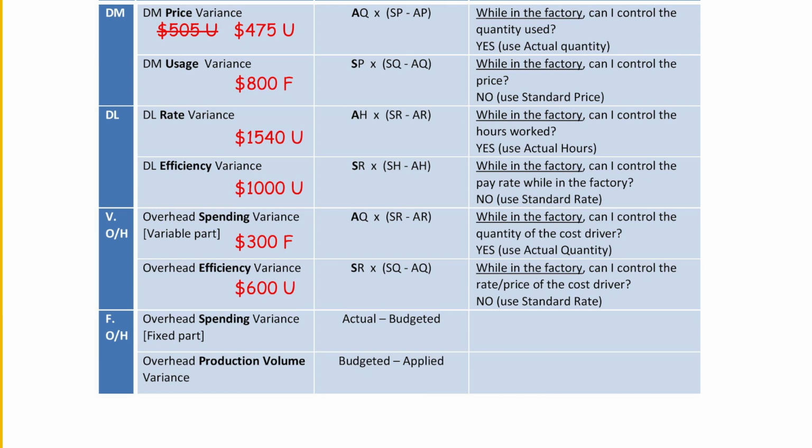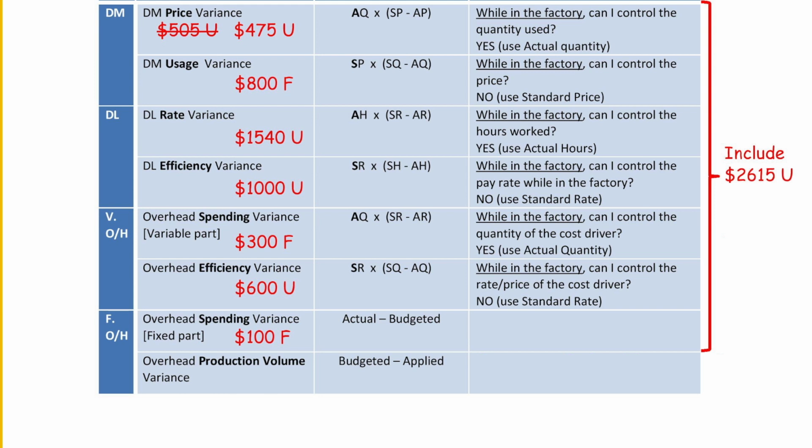And finally, you have fixed overheads. So the fixed overhead spending variance is $100 favorable. Now on the right hand side, put a bracket around all these variances that we've just seen and write include $2,615 unfavorable.